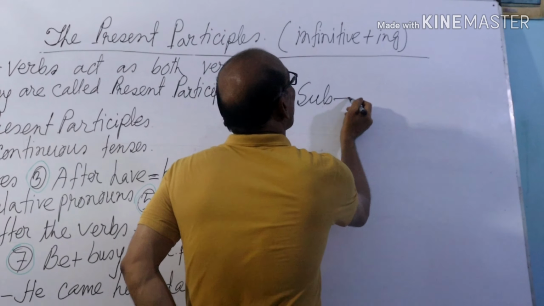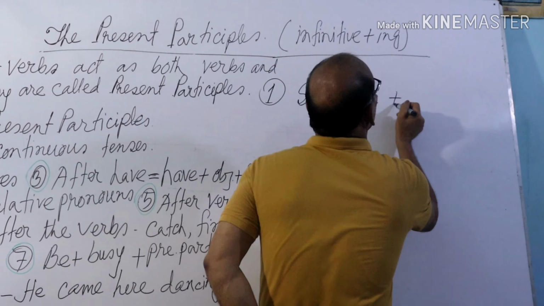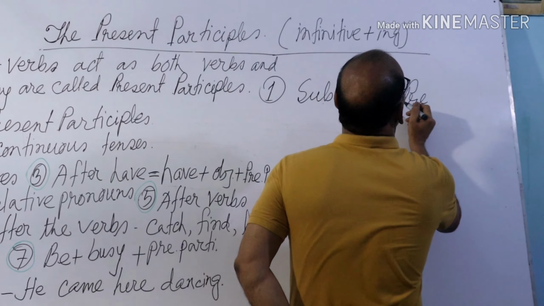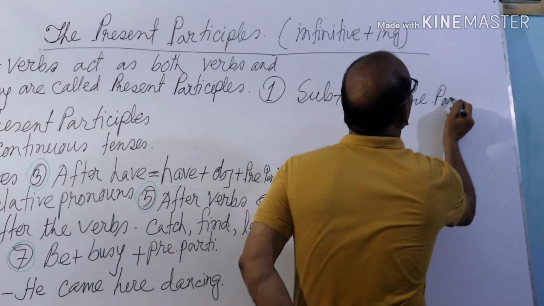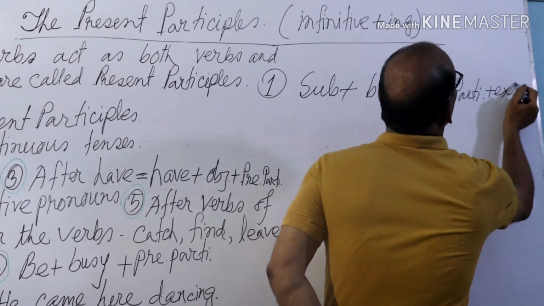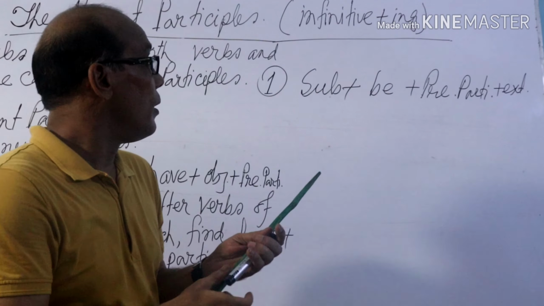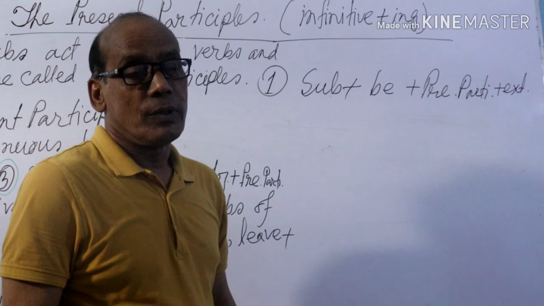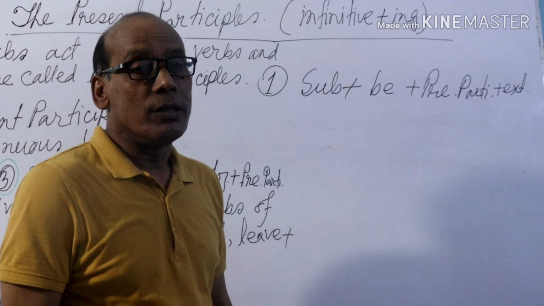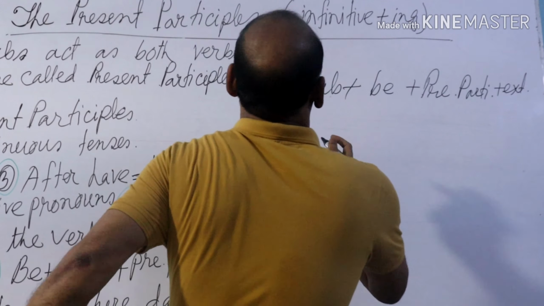Suppose subject plus be plus present participle plus extension. Be, here you know, be is a type of verb. Be means to be verb, and we know am, is, was, were are the to be verbs. Now here I would like to give you an example.